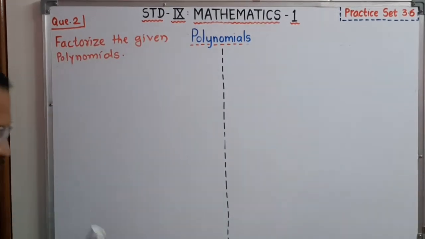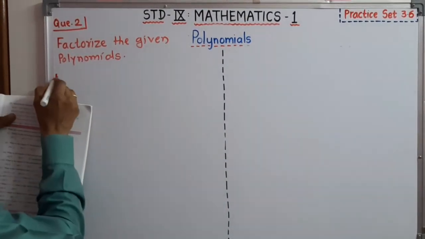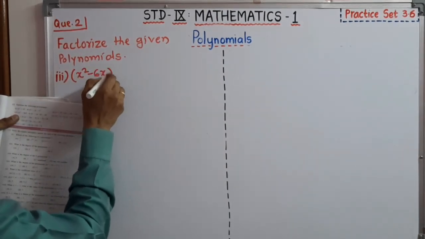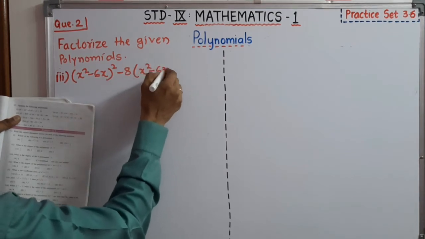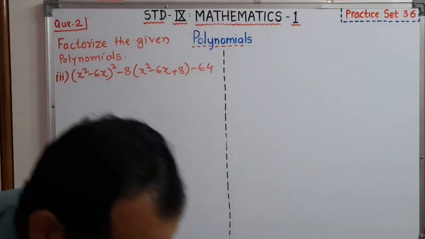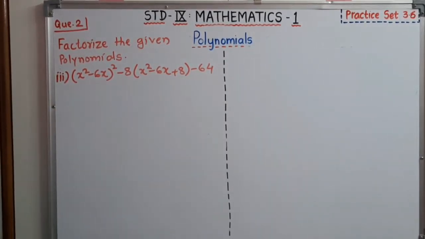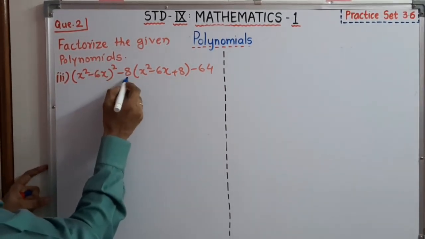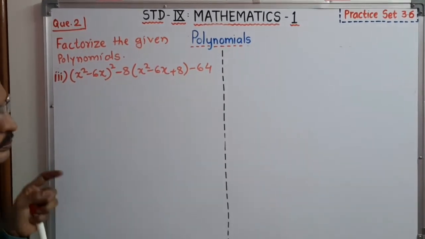See question number three. It is x square minus 6x bracket square minus 8 into x square minus 6x plus 8 minus 64.